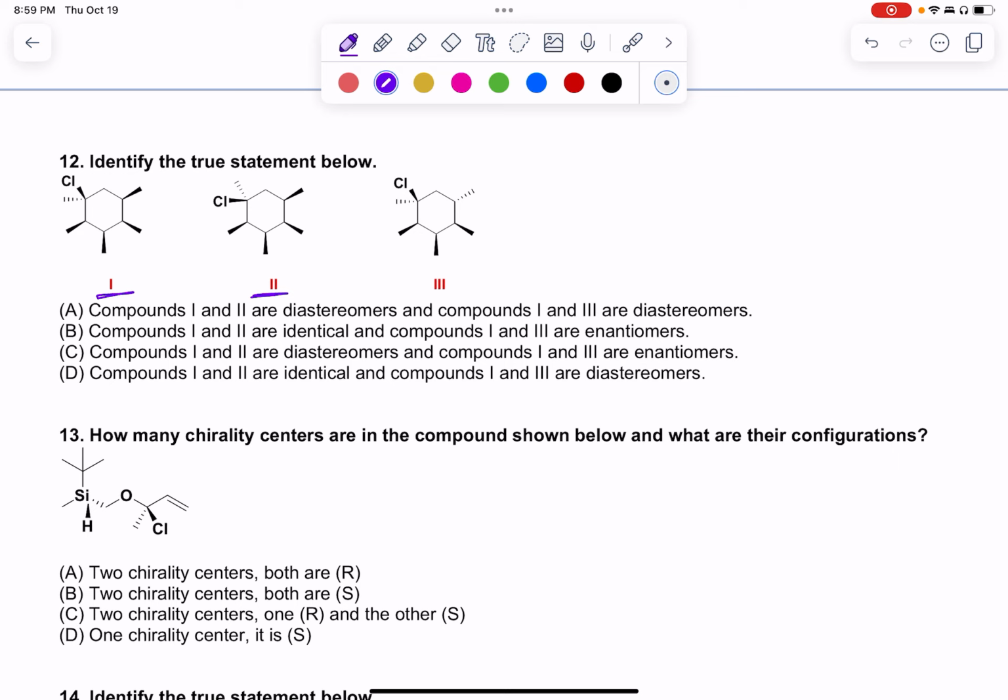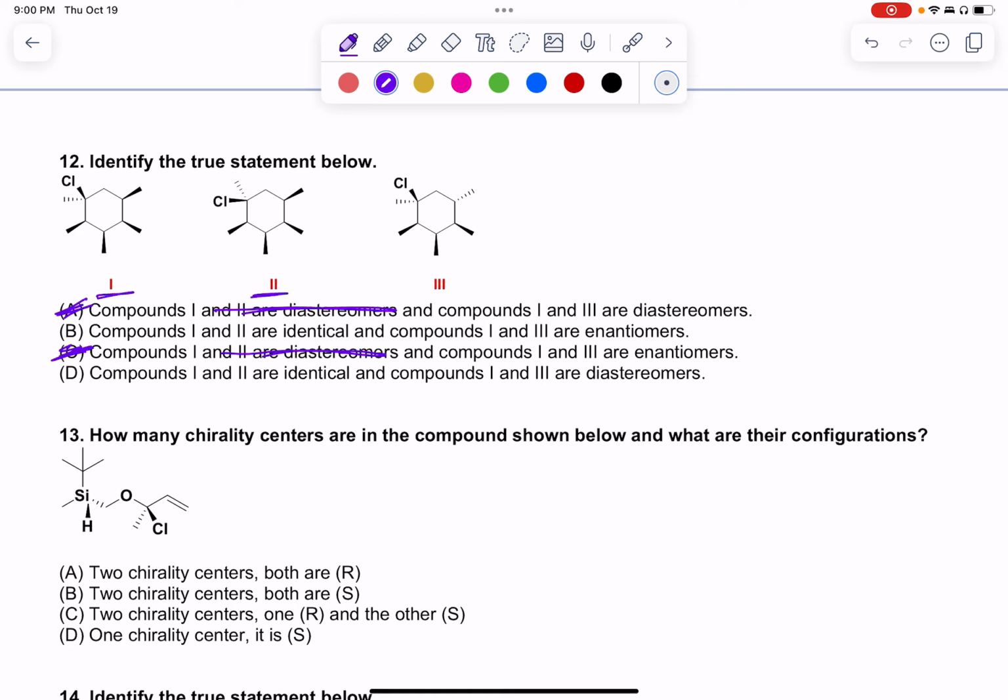Is there anything different about these? Well, there's something weird going on here. They've literally just switched. They didn't even change their cis-trans. I mean, they're trans to each other, but chlorine is still on a wedge. Chlorine is still on a wedge here. So that's the same. And that means methyl here is still in a dash. So nothing has changed between these two. They're identical. So we can cross out diastereomers.